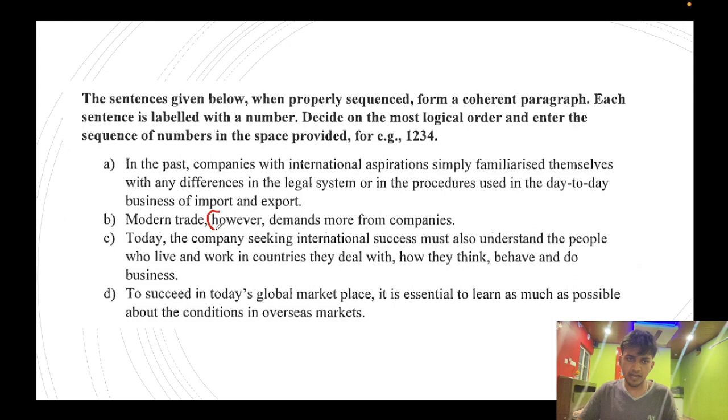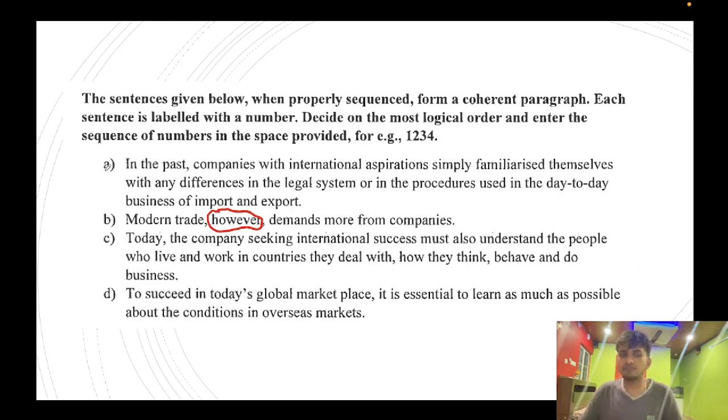Note the use of the word however; circle it and keep it aside. C. Today, the company seeking international success must also understand the people who live and work in countries they deal with, how they think, behave, and do business. D. To succeed in today's global marketplace, it is essential to learn as much as possible about the conditions in overseas markets. So, how are you going to connect?